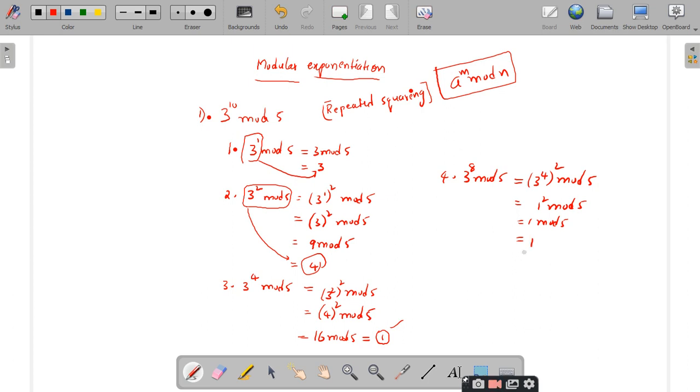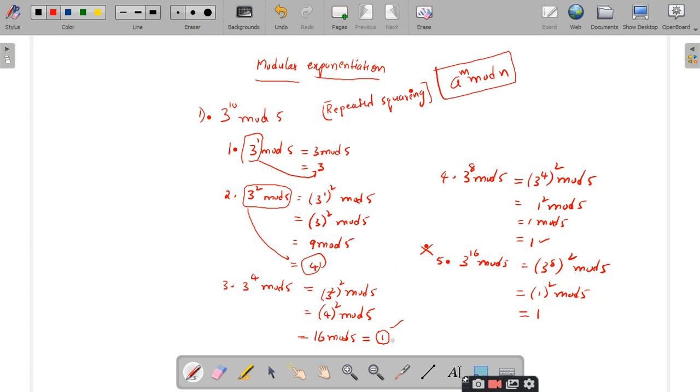What is the value here? 1. So, what happens if I take 3 power 16? What is the value of 3 power 16 mod 5? Let us check, though it is not necessary. 3 power 16 mod 5 can be written as 3 power 8 whole square mod 5. 3 power 8 I have calculated as 1. 1 square mod 5 is equal to 1.